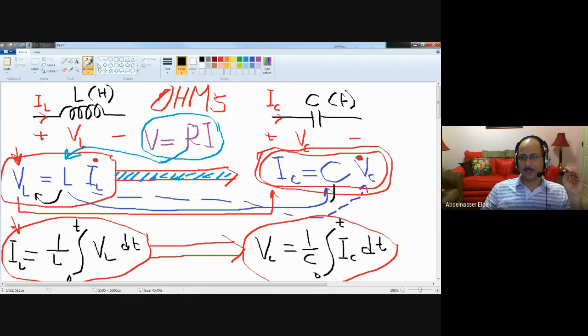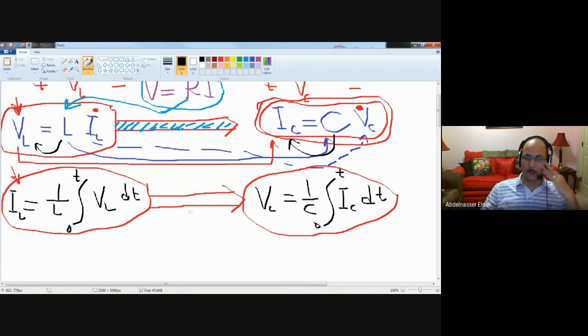You move this C to the other side, it will be 1 over C, and integrate both sides. You will get this relation here. And if you get any one of them, you can get the other one by changing current to voltage and voltage to current. And if you have inductance, make it capacitance, or capacitance, make it inductance. Okay, so this is the relation between voltage and current in the inductor and capacitor.